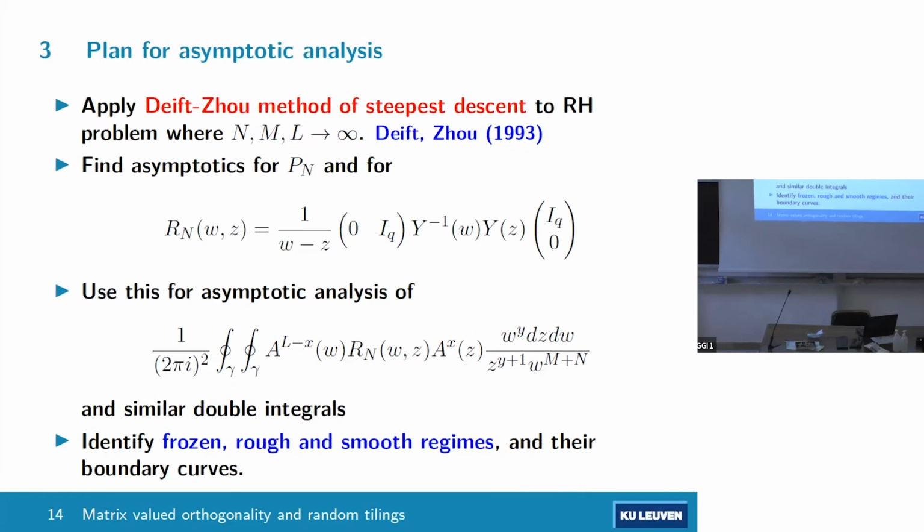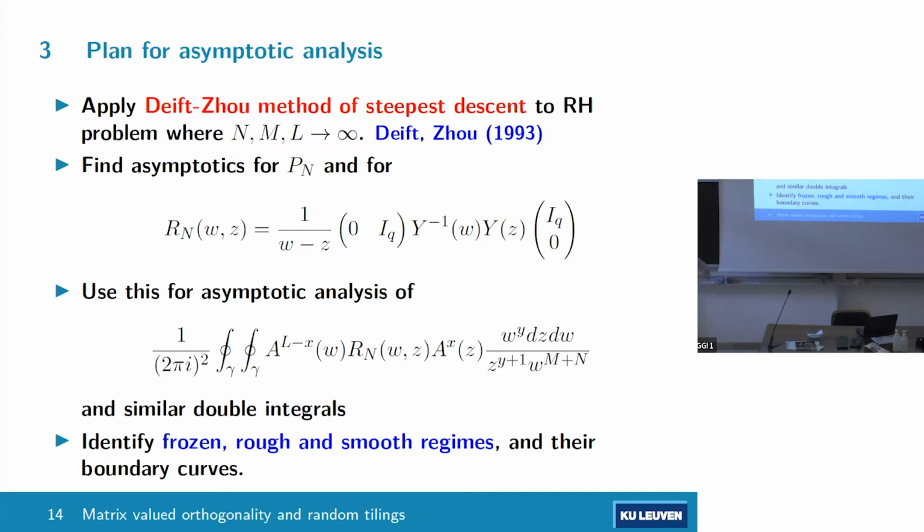What kind of ingredients will be important for this asymptotic analysis? The asymptotic analysis of these Riemann-Hilbert problems is usually done with the method of steepest descent that's named after Deift and Zhou, who first came up with this method almost 30 years ago.